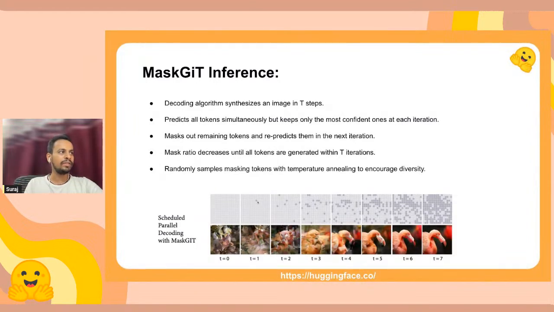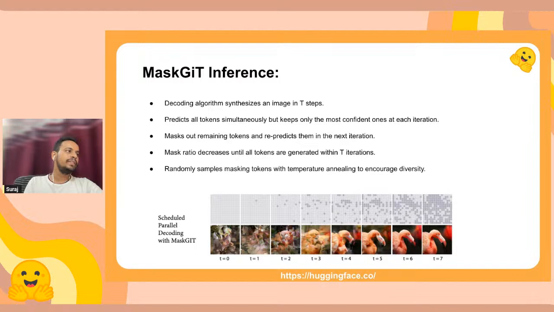For example, the dark gray area here is the token selected at that time step, and we keep on iteratively doing this. At each iteration, we select some tokens which have a high probability, and then we mask out the remaining tokens and keep on doing this generation. At the last step, once we have a lot more tokens generated, we predict all the remaining tokens, and then we have a final image.